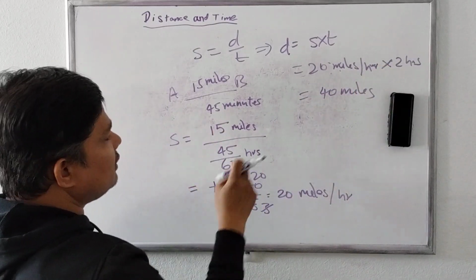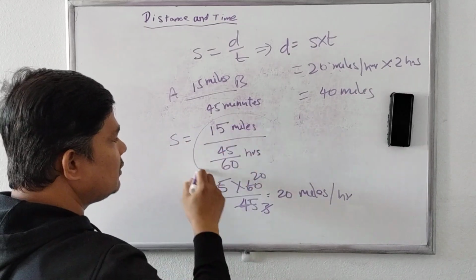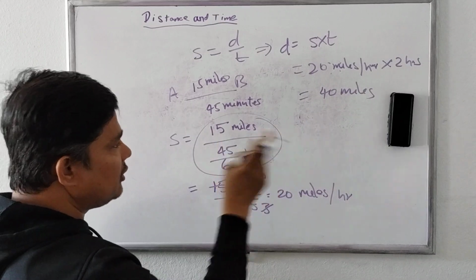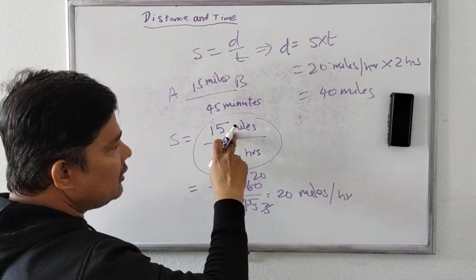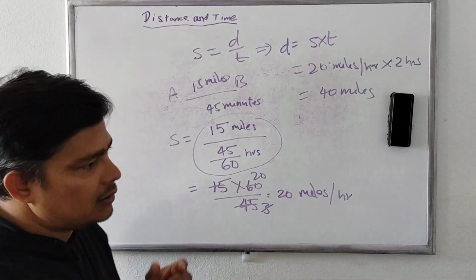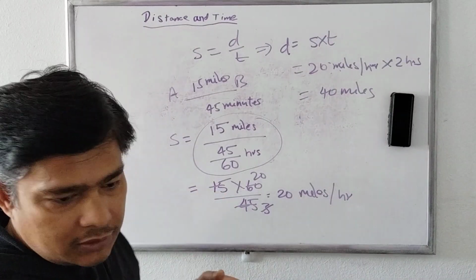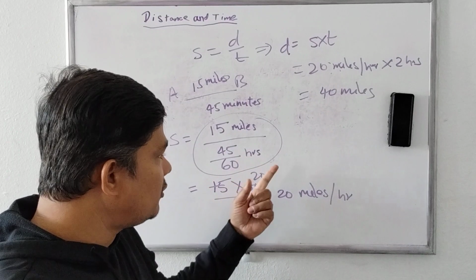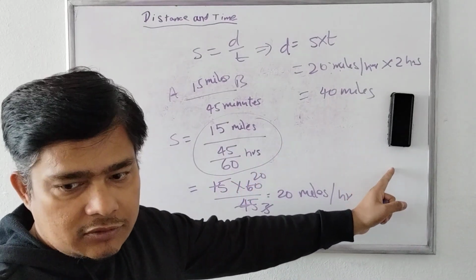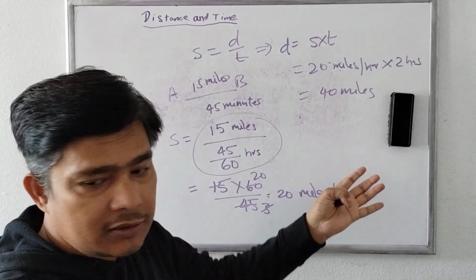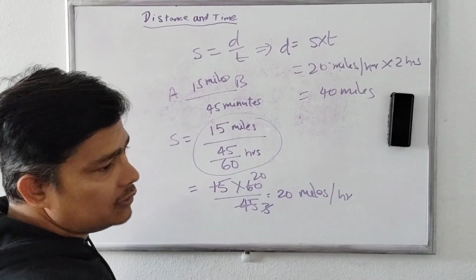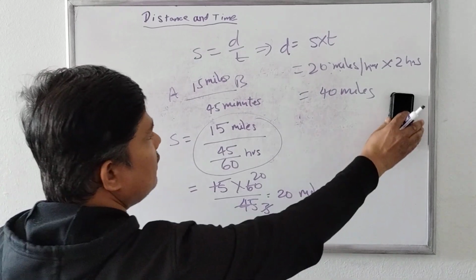So try to keep the time in one single unit, and likewise for miles or kilometers, convert miles to kilometers or kilometers to miles. Make sure the units of the quantities you have been given match the units of the variable you are asked to calculate. If you use different units, the answer will be wrong.